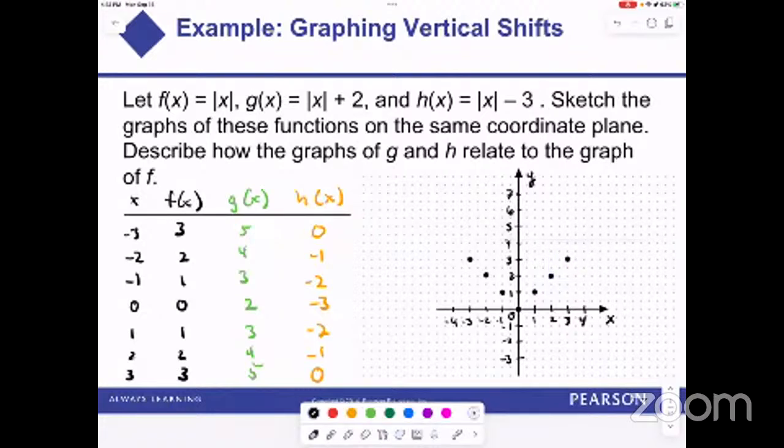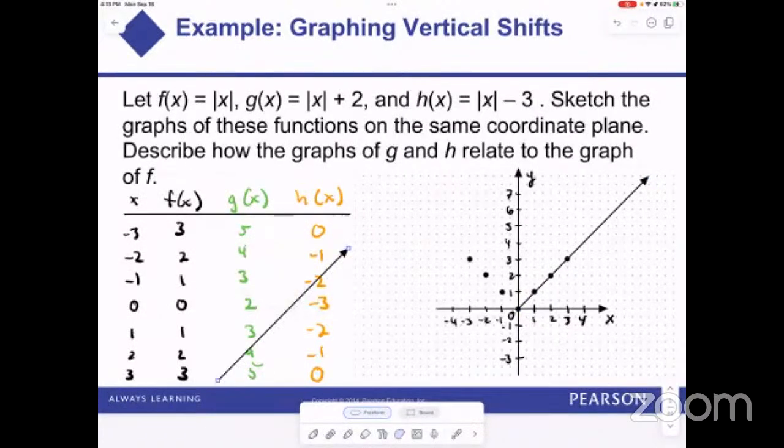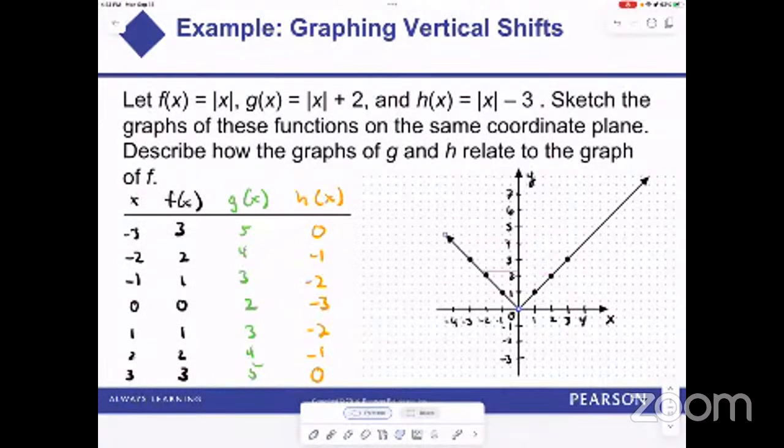So then we'll get something like this. Let's copy, paste. All right. So that's the graph of absolute value of x. y equals absolute value of x, right?